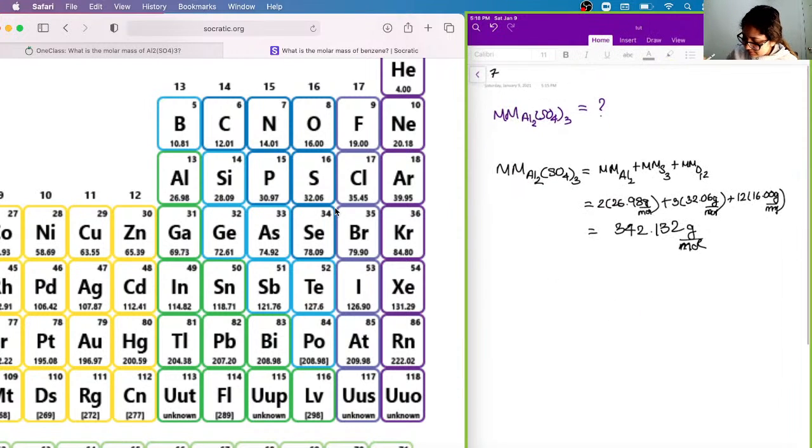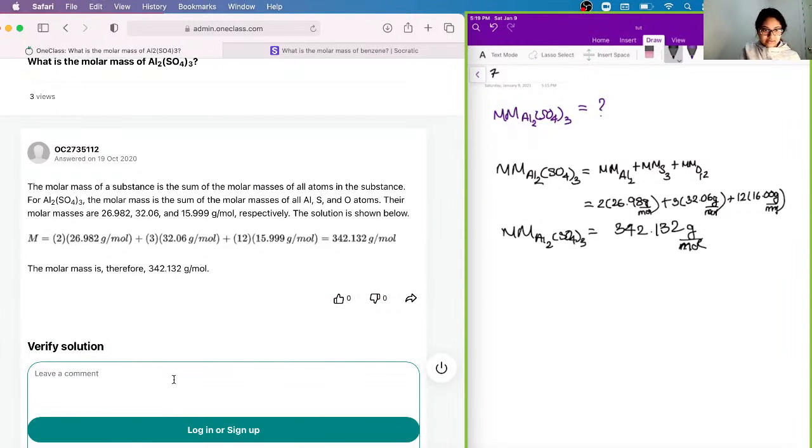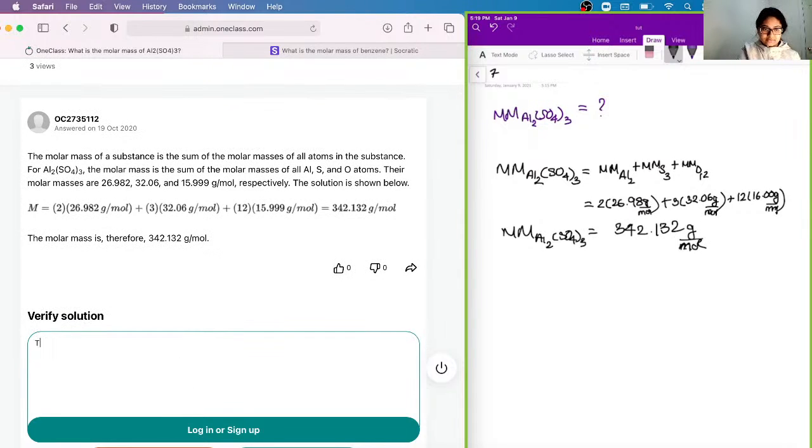So the molar mass of aluminum sulfate is 342.132 grams per mole. And so the solution is correct.